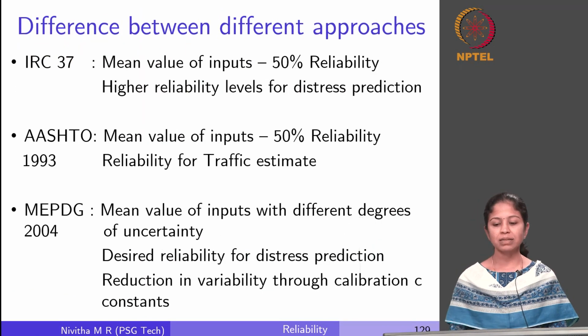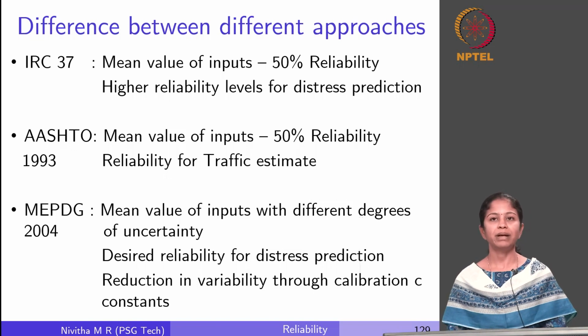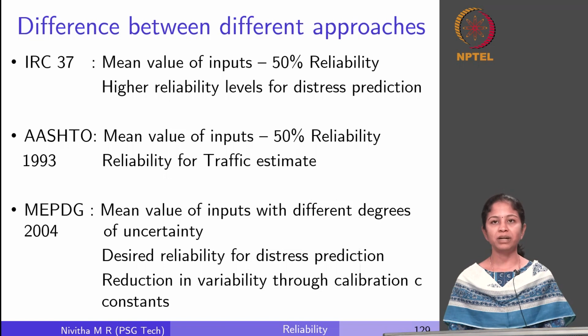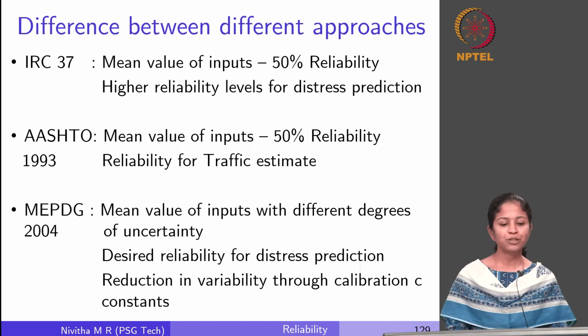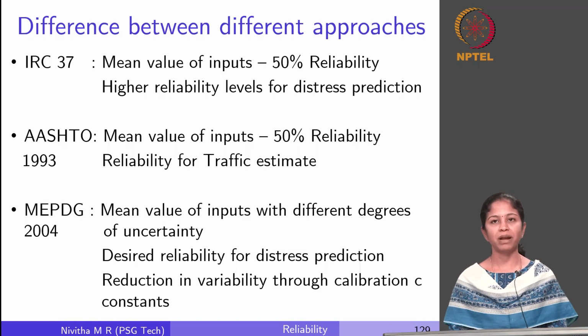Now, let us summarize the difference between different approaches that we have been discussing before. We have IRC 37, we have AASHTO 93, and we have MEPDG 2004. Again, I am not including the simulation technique, I am only restricting myself to the specifications or the guidelines given by different agencies. Right. So in IRC 37, we are using the mean value for all input parameters, right.